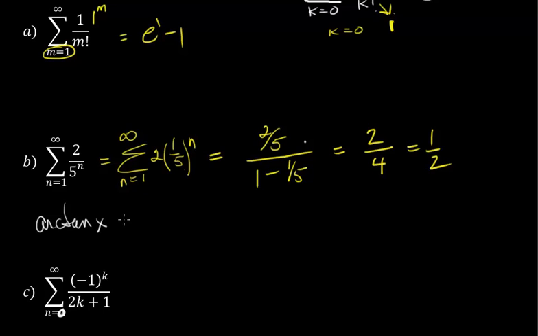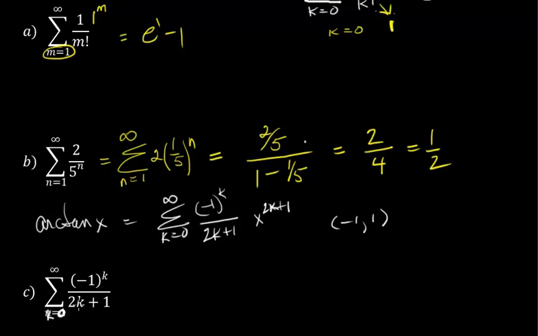Arctan x from your chart, the sum from k equals 0 to infinity, minus 1 to the k, over 2k plus 1, times x to the 2k plus 1 power. That's arctan x, and it converges on the open interval minus 1, 1.